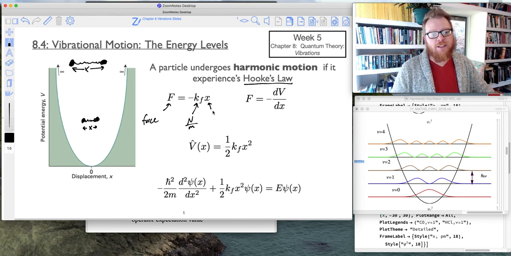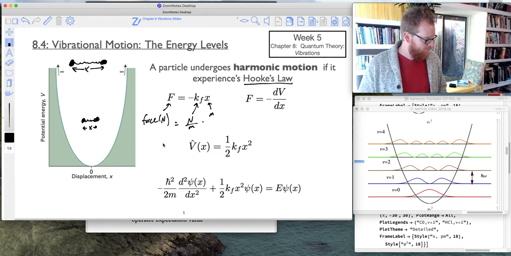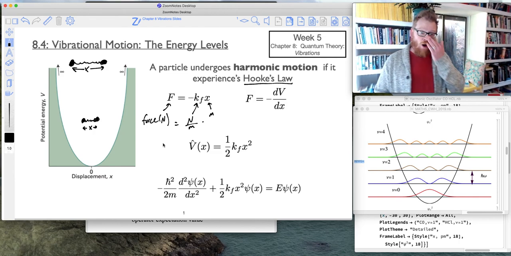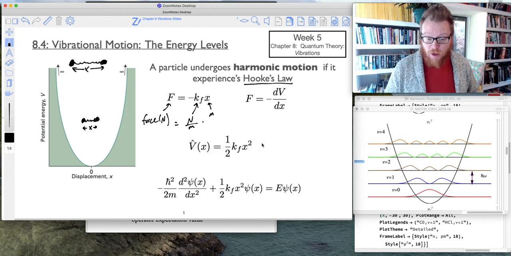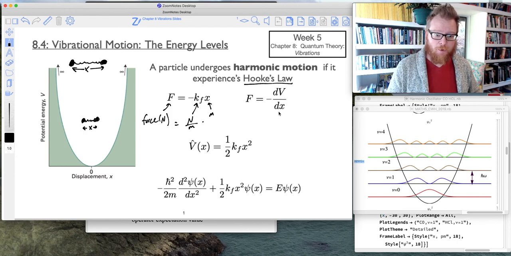And of course, then displacement will have units of meters. So that gives us the proper units of force in newtons. Okay. We also recall from Newton's laws, force equals negative dV by dx, where that's potential energy versus change in position, okay?